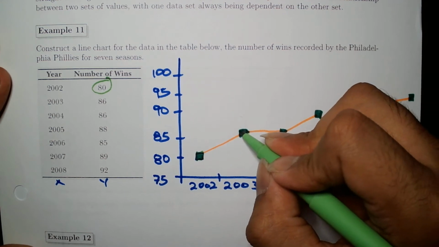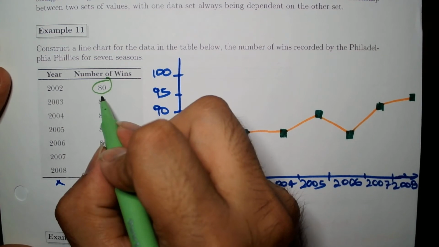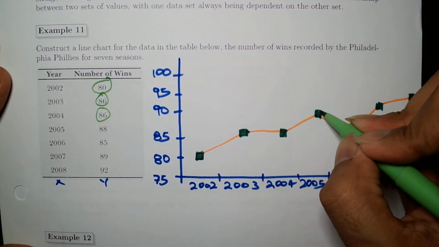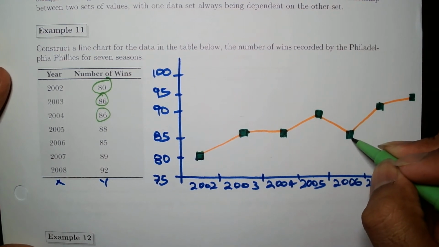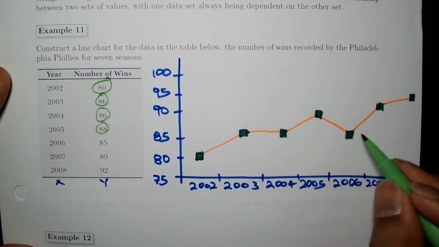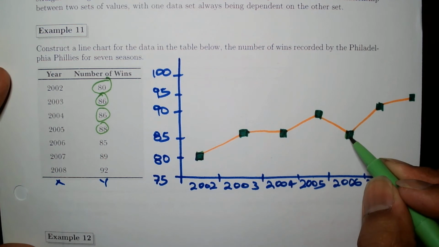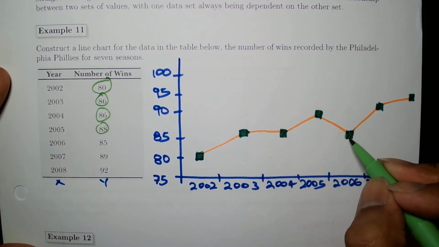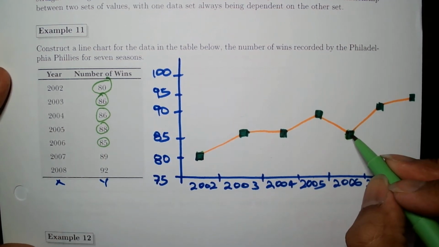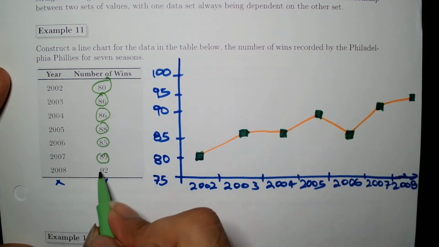Then 2004 again 86, then 2005 it's 88, then 2006 is 85, and then up to 89, keep increasing, and finally 92 in 2008.